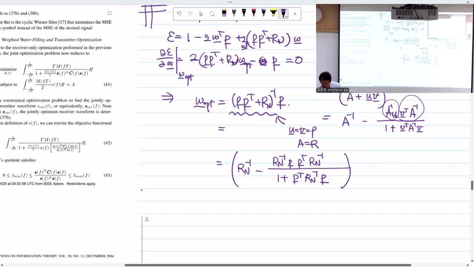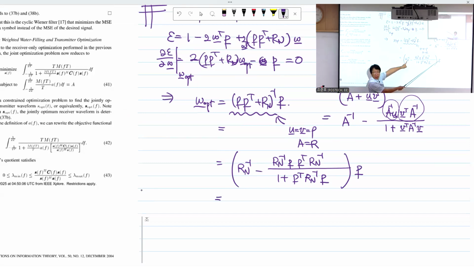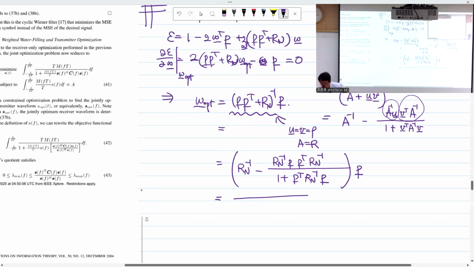Anyway, so if I remember correctly, we have this one. And it's not yet completely done, because we can still expand, right? And group together. So let's have this common denominator.